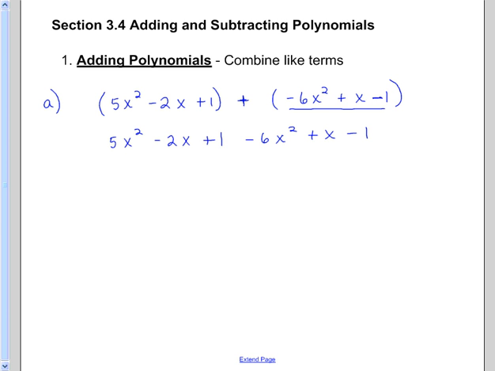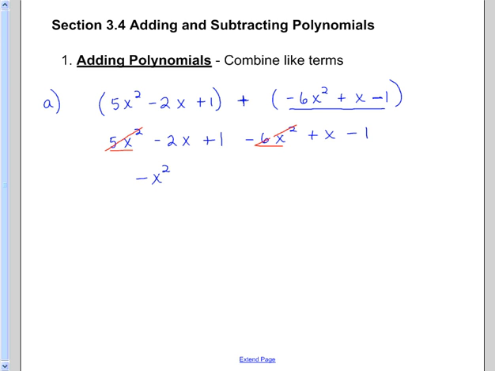And so now it's just like simplifying one big polynomial. What do I have that I can put together? Well, I have a 5x squared and a negative 6x squared. Combine like terms just based on the signs of each term. So that would give you negative 1x squared. Then I look at what would come next.